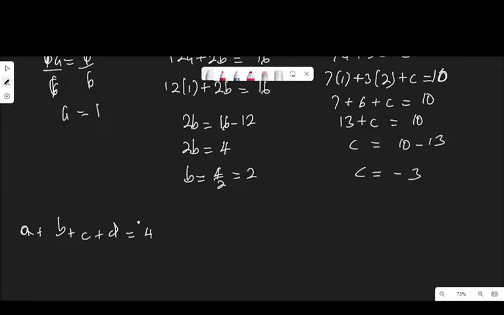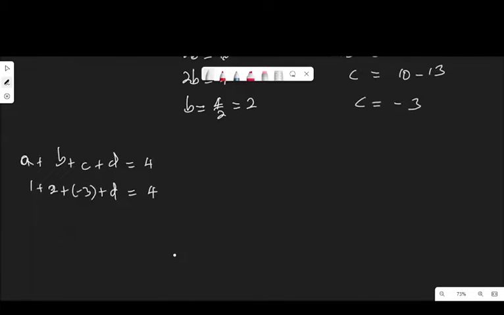A is 1, B is 2, so I have 1 plus 2 plus C, which is minus 3, plus D, which is what we're looking for, equal to 4. That means 2 plus 1 is 3. 3 minus 3 plus D is equal to 4. 3 minus 3 is 0. Therefore, D is equal to 4.